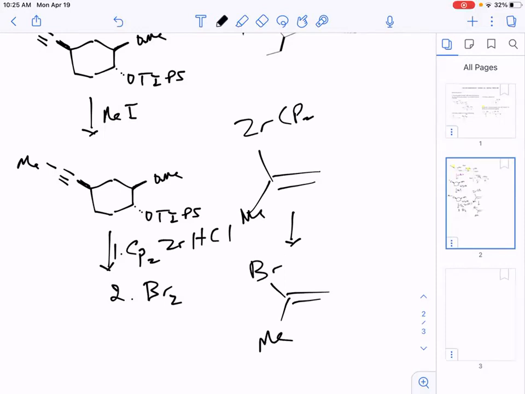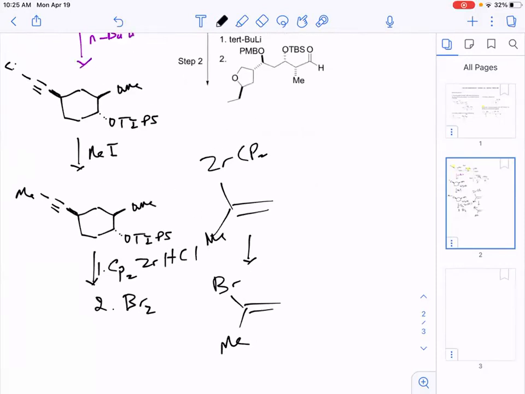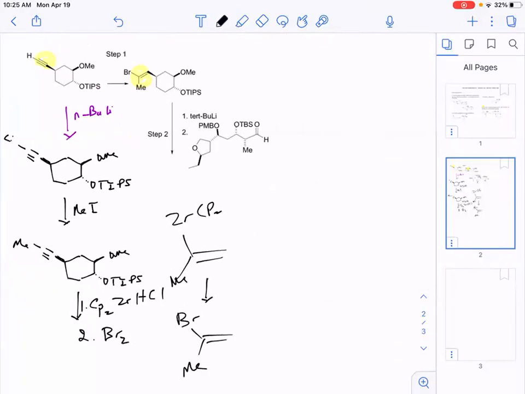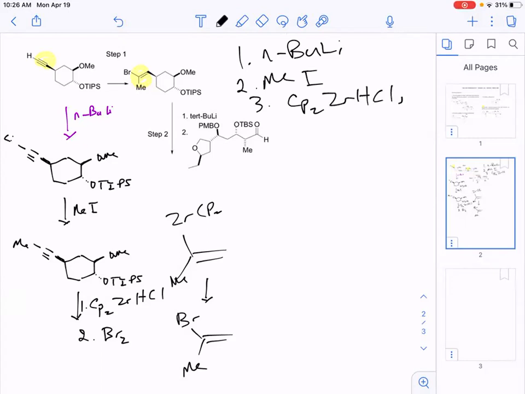Like so, right? So that first part, step one, would be 3 steps. 1, treated with butyllithium. 2 would be treated with methyl iodide, and then 3 would be hydrozirconation followed by bromine, and that'll get you to that molecule, right?